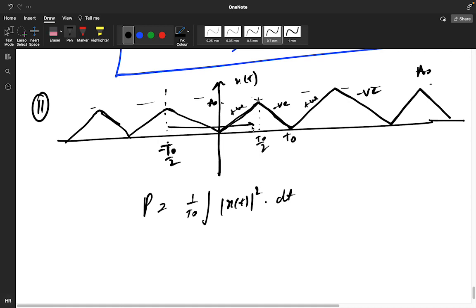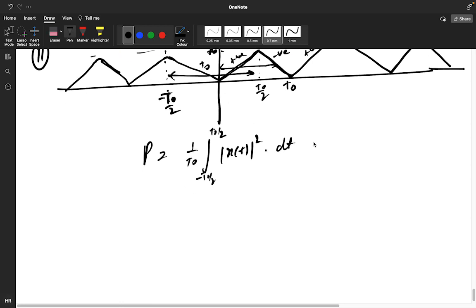This is also one time period, t naught by 2 plus t naught by 2, you are getting t naught only. So I am taking the range from minus t naught by 2 to t naught by 2. And this particular signal is an even signal, so I can make this graph like this.